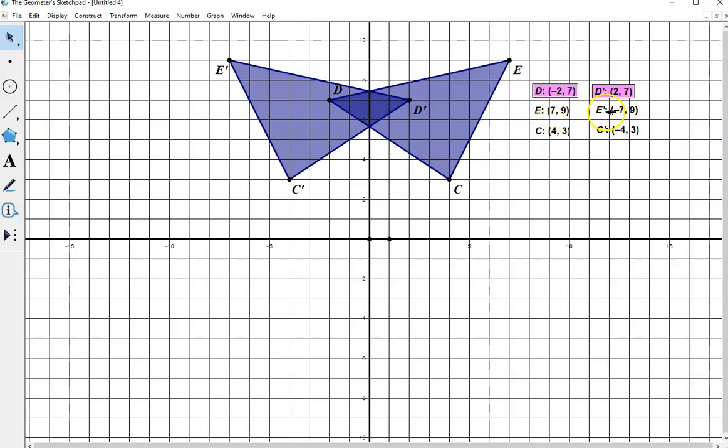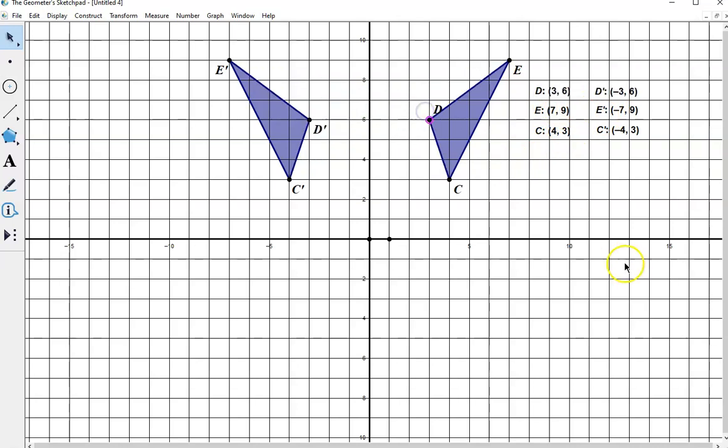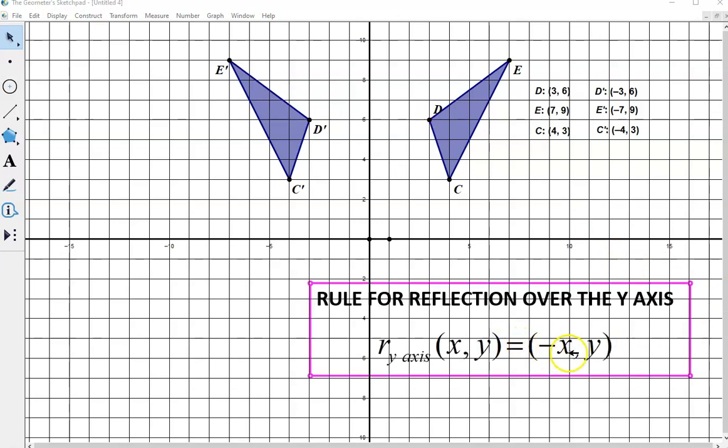If they were positive, became negative. And so there is a summary rule for this: when we reflect across the y-axis, this becomes our rule right here, that x, y becomes negative x, y.